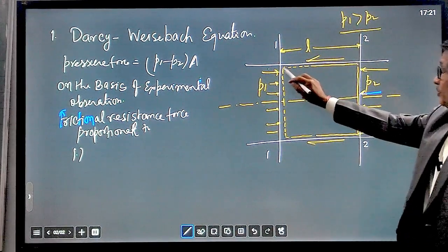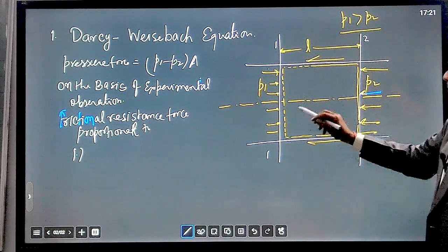Because we have chosen between two sections 1 and 2, we have chosen length L.